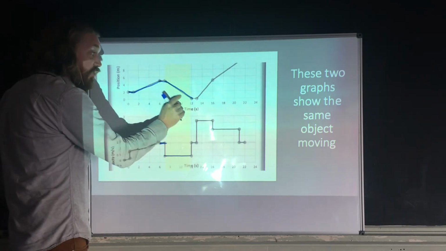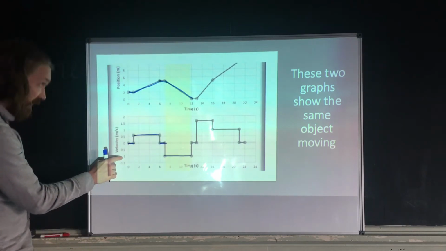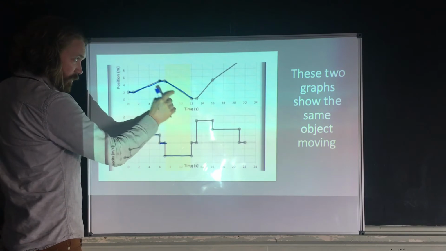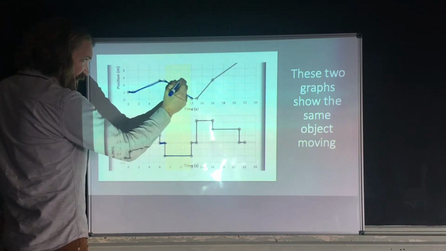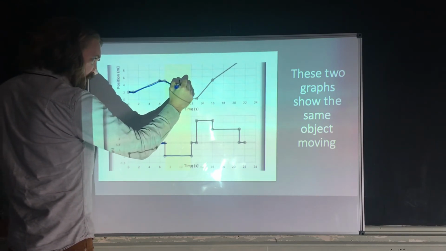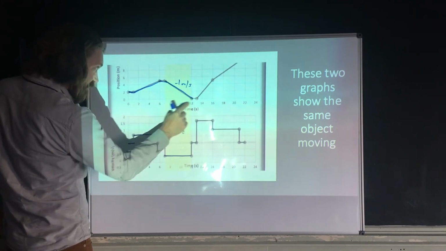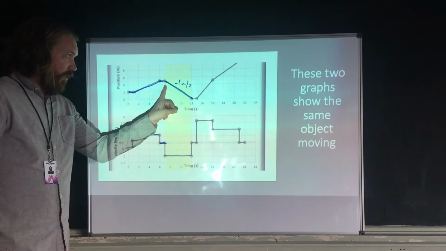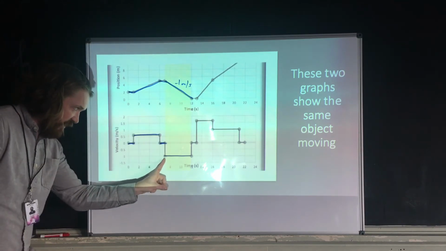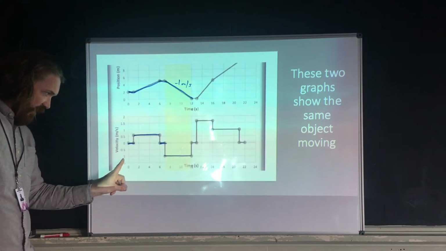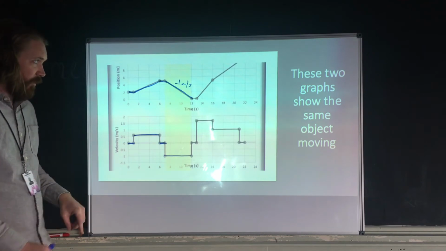The slope of this line is -1. That means that the entire time from 7 seconds to 12 seconds, our velocity is -1.